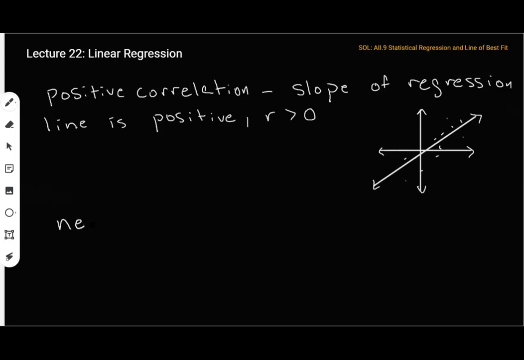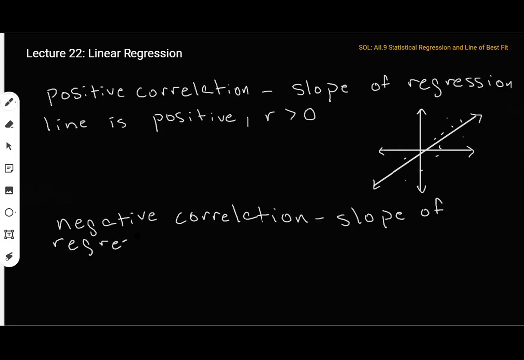But then you have what's called a negative correlation. Negative correlation is when the slope of your regression line is negative. So when that happens, R is going to be less than 0.